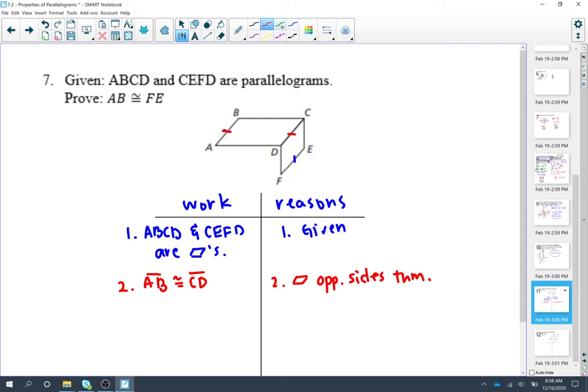Then, step 3, I'm going to say that CD is congruent to FE. And once again, because now I'm down here on this parallelogram, that is the parallelogram opposite sides theorem.